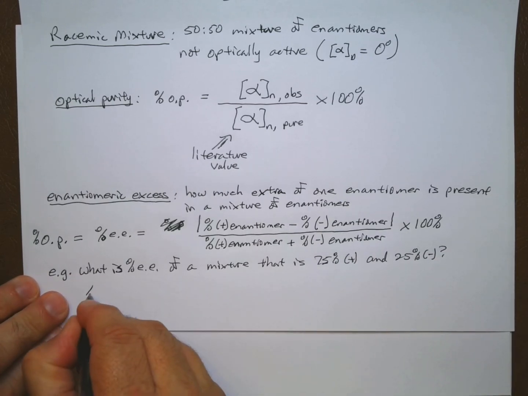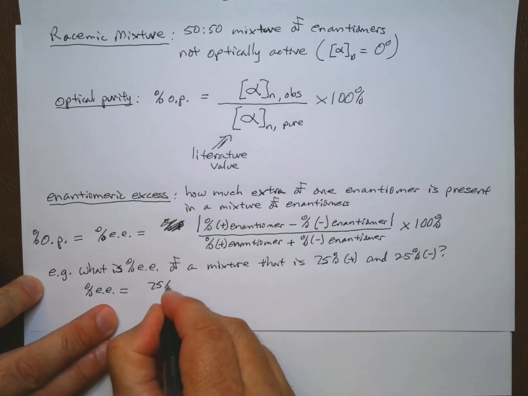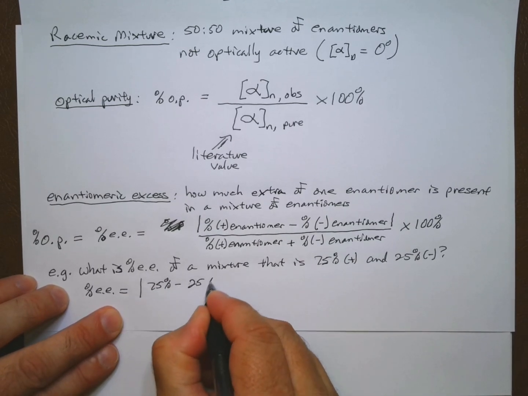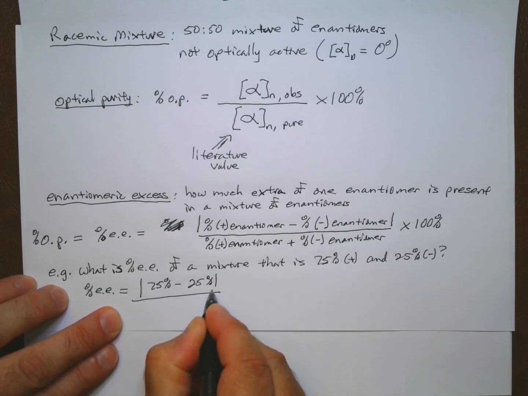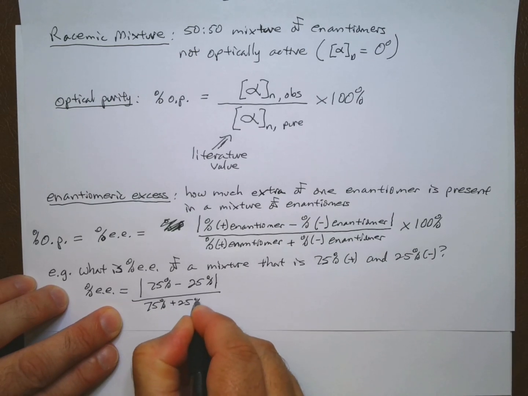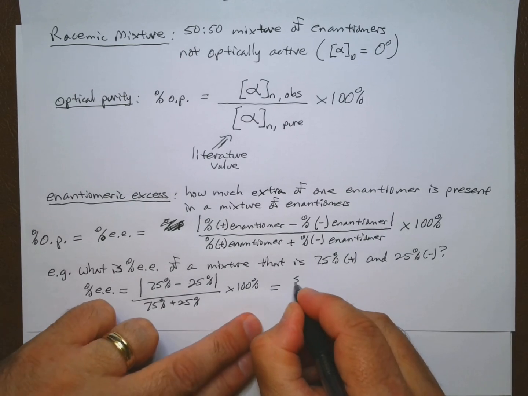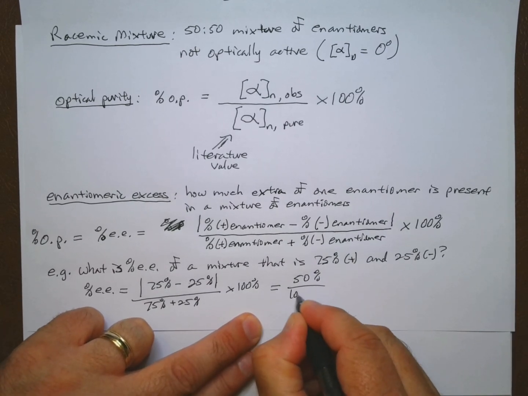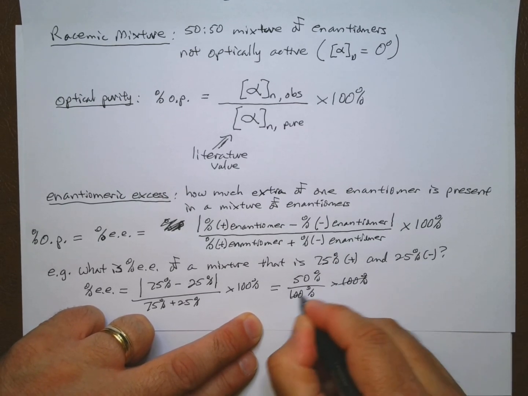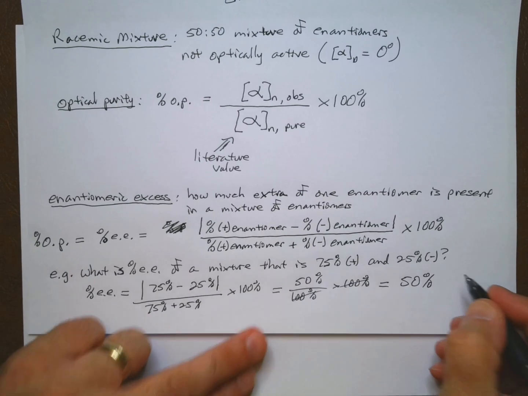So our percent EE equals 75% minus 25% divided by 75 plus 25 and times 100%. So that's going to equal 50% over 100% times 100%. My 100% cancel, and I get 50% enantiomeric excess.